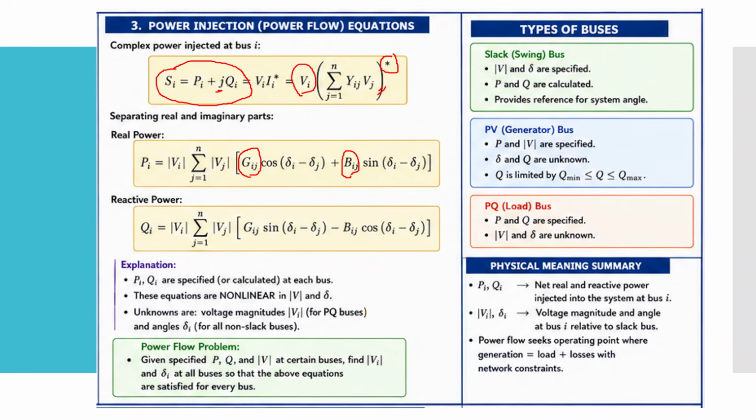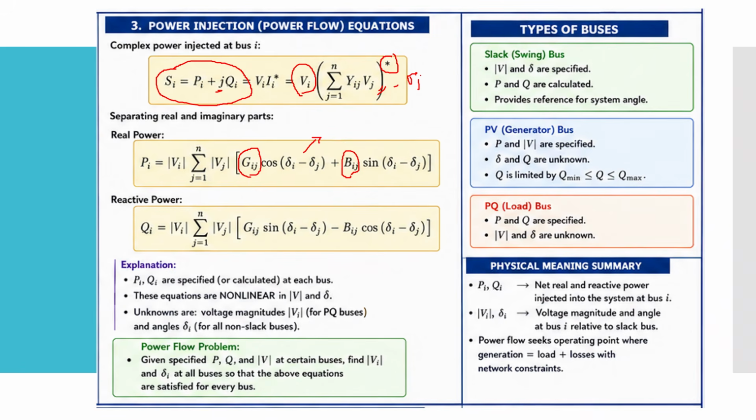When we take the conjugate, these angles are taken as negative, and the total angle is the difference between theta j and theta i. When we make a conjugate, Vj will take a negative angle, negative theta j. For this we have theta i. Then when we multiply complex numbers represented as a magnitude at some angle, we add the angles. So it becomes theta i minus theta j.